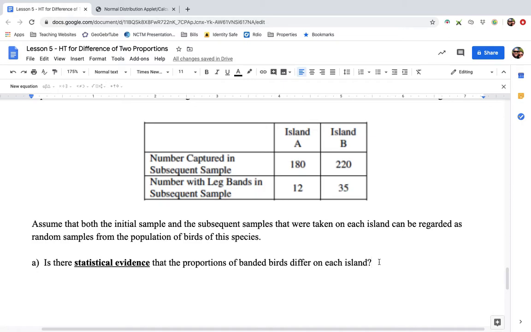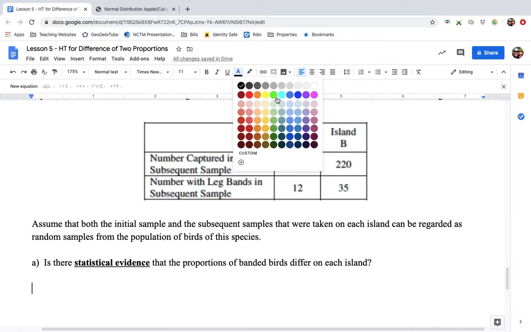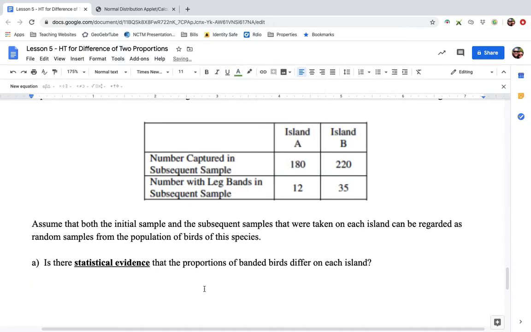So let's define some things here. First of all, your parameters and hypotheses. What are some things we need to define? What are we interested in? So first of all, we are interested in 2 proportions.